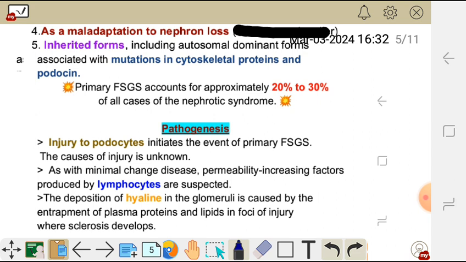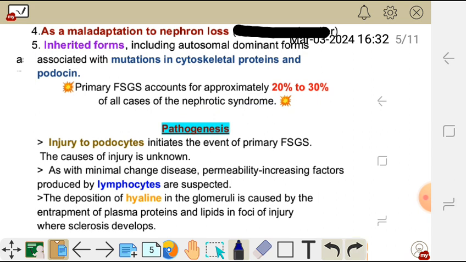When we have loss of protein, we may lose essential proteins which regulate synthesis of lipids by the liver. So when those proteins are lost in the urine, we are going to have higher synthesis of lipids, which is hyperlipidemia. And some of those lipids may be lost in urine, and that is called lipiduria. Okay, so those are the features of nephrotic syndrome.